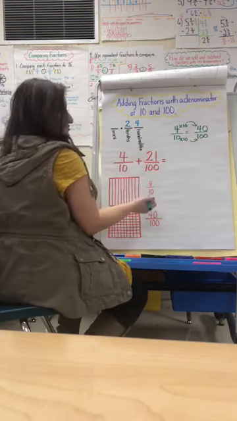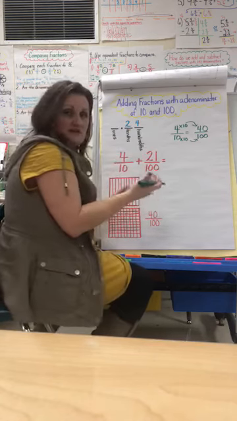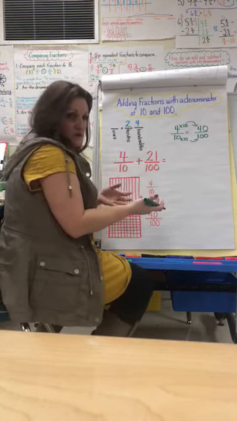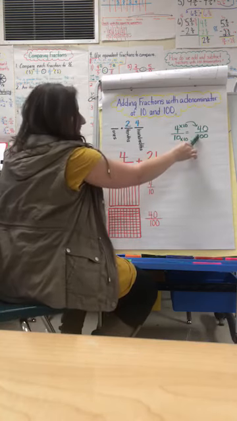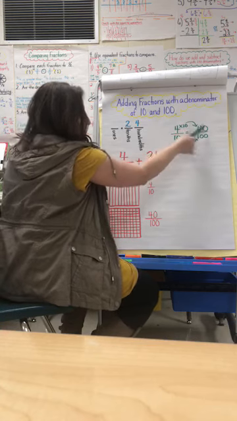Because 40 hundredths or 40 pennies, I use money a lot to help the kids just because it's familiar and they understand it. So 40 pennies is the same amount of money as 4 dimes. So these are equivalent.